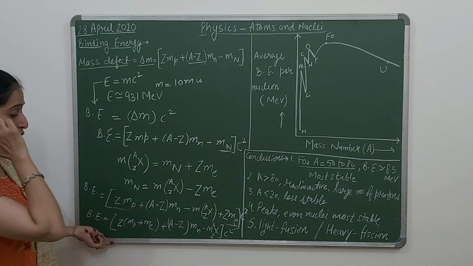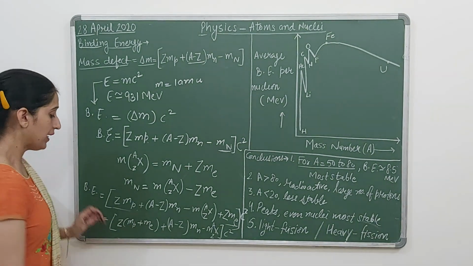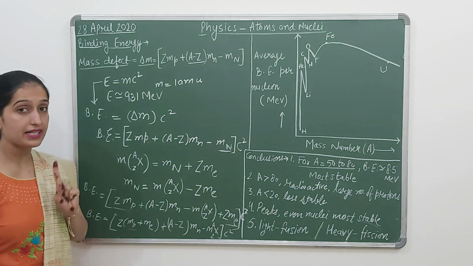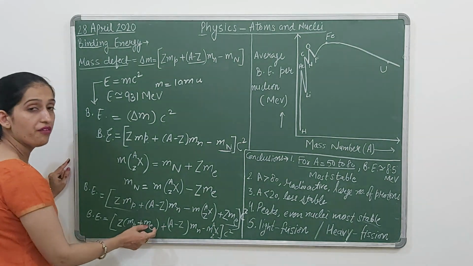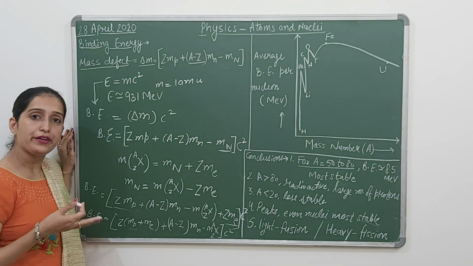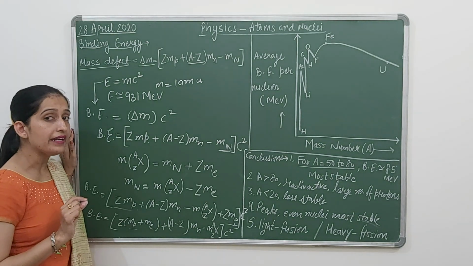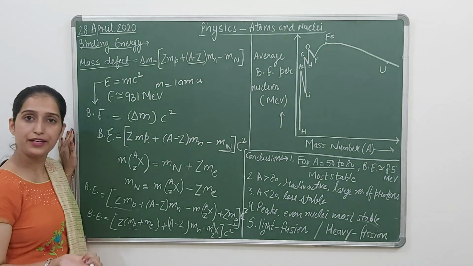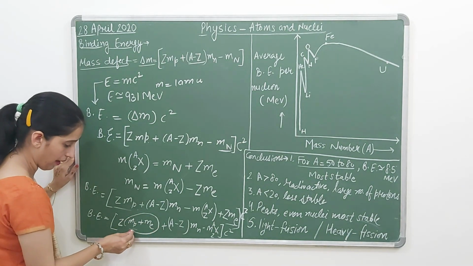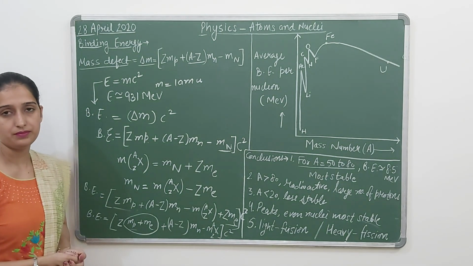So I get a new equation for binding energy. Now Mp is the mass of a single proton. Mass of electron is Me. And in a hydrogen atom, we have a single proton and a single electron. So I can replace this term by mass of hydrogen.